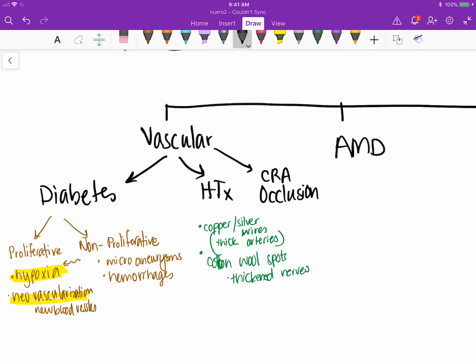And that is characterized by cherry red spots. I'm going to draw a cherry for you. So cherry red spots.